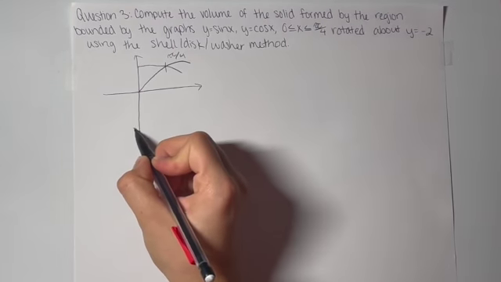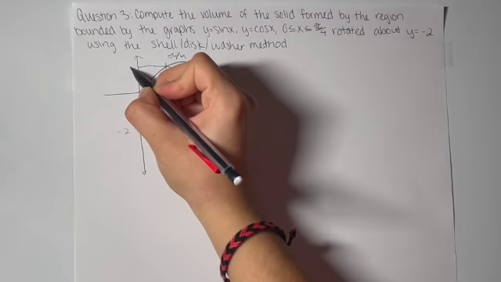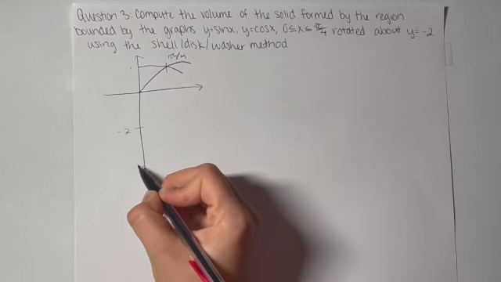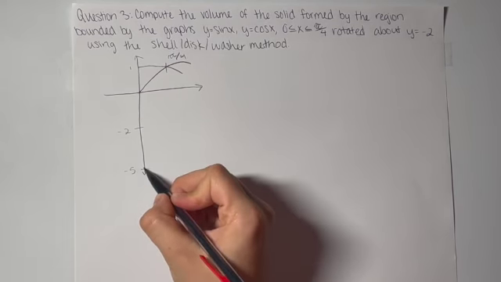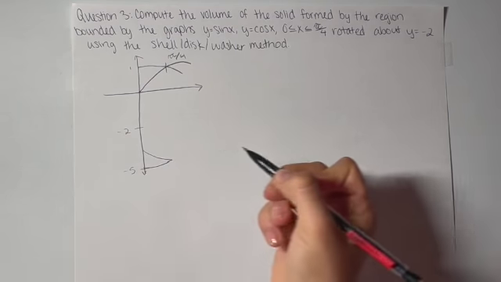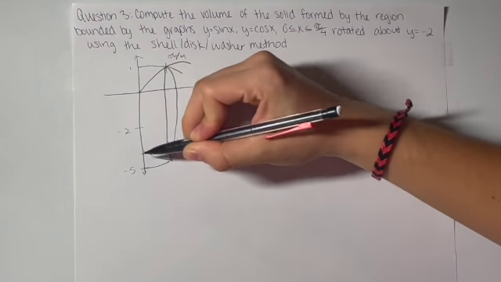And we're rotating around y equals -2. So then we're going to have this shape.